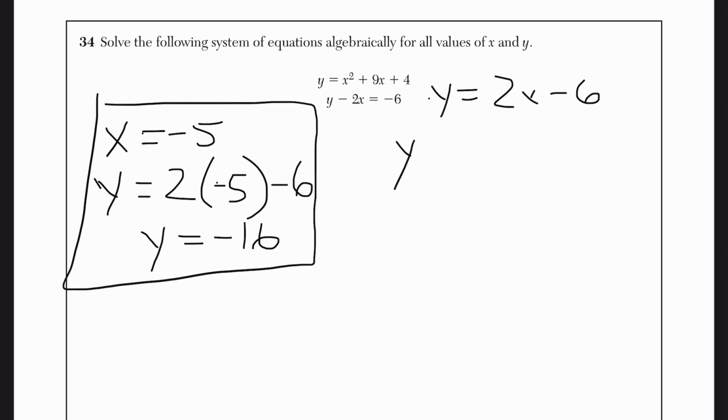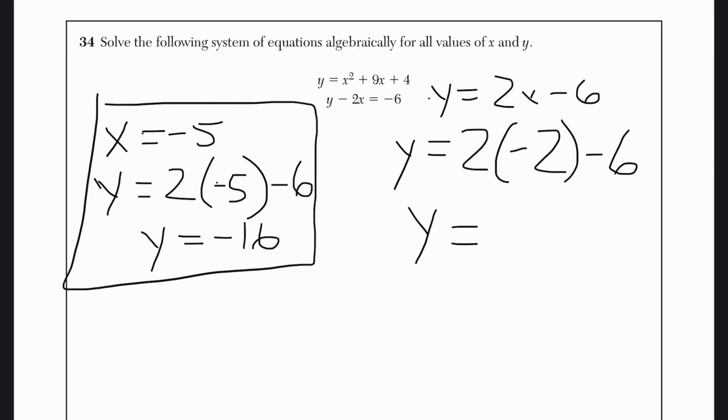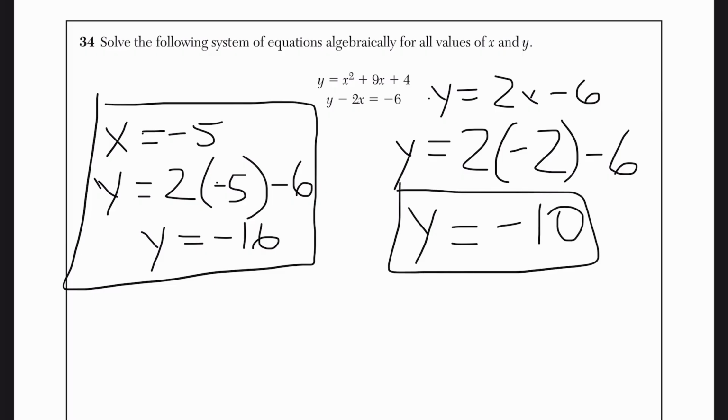And then y equals 2 times negative 2 minus 6. 2 times negative 2 is negative 4, minus 6 is negative 10. And don't forget, x equals negative 2. So you have two pairs of x and y.